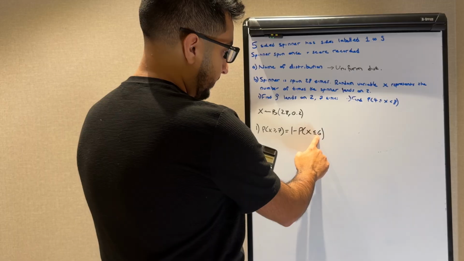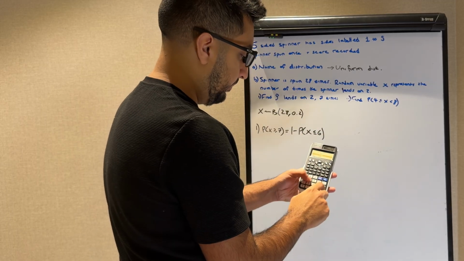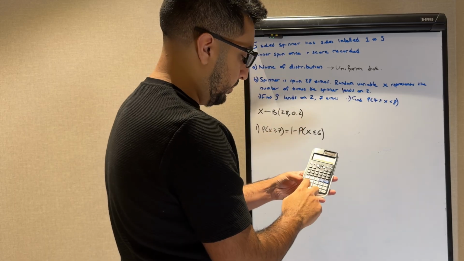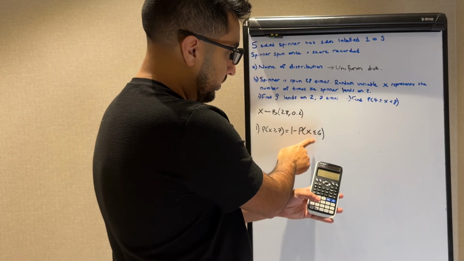X is 6, N is 28, P is 0.2. Click equals, there's your answer.